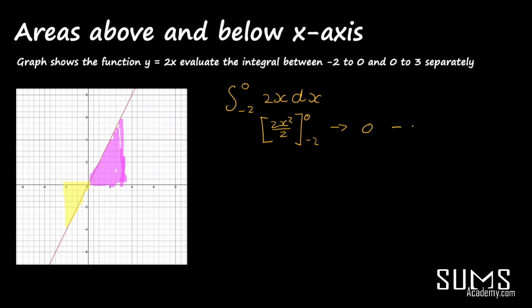Then it would be -2 squared, okay? So this is equal to -4, right? Just bear with. Negative area seems pretty weird, but we'll come back to it.